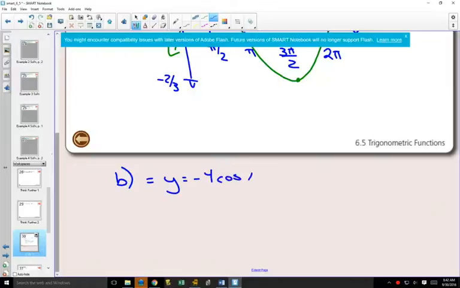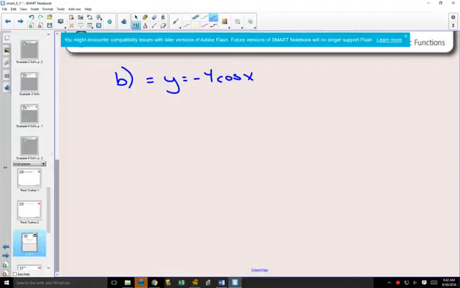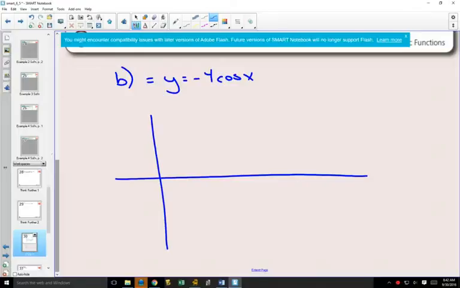-4 cos of x, again that's going to be a vertical stretch. And your values of 1 and -1 are now going to be -4 and 4. Once again, we mark out a period along our x-axis, divide it into 4 equal sections.